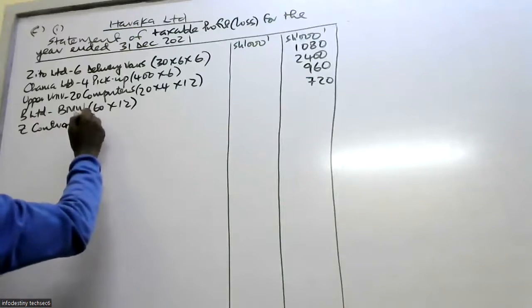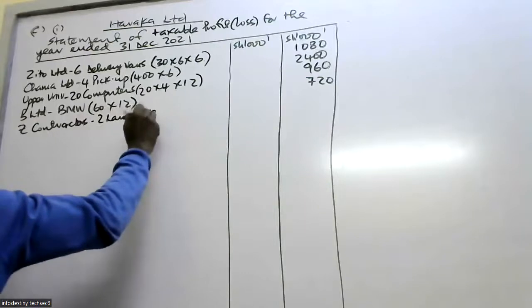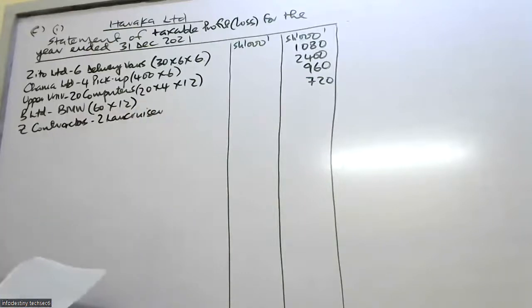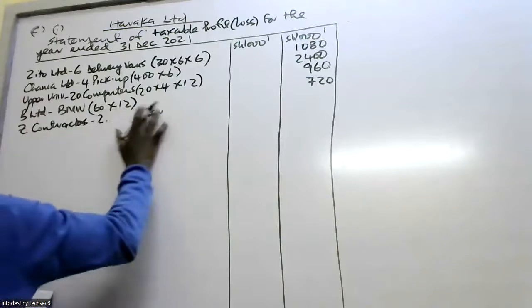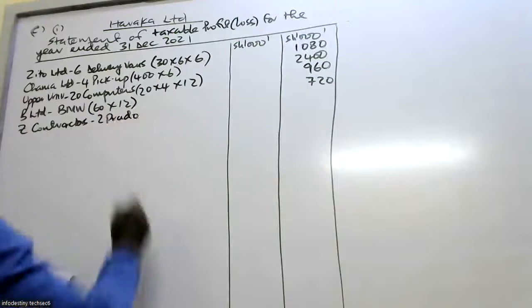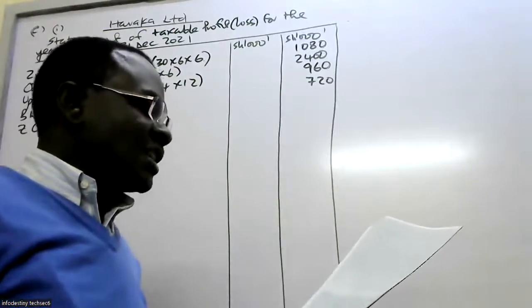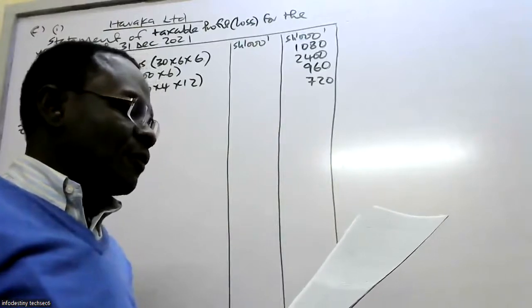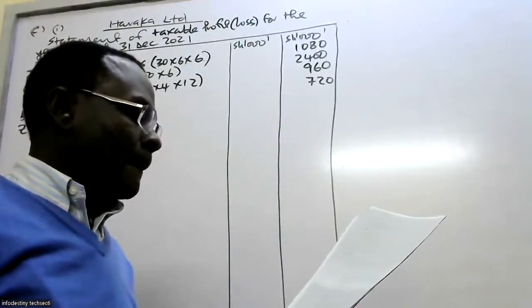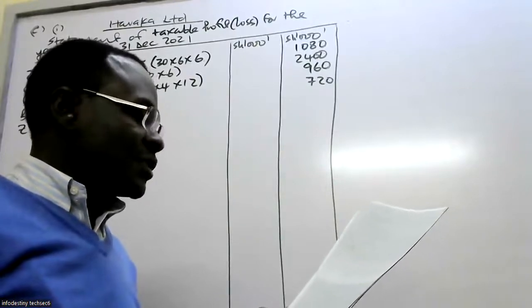So Z Contractors, the 2 Land Cruiser, or let me say Prado. 2 Prado at an annual lease charge of 1440 in total. So 1440 is in total.